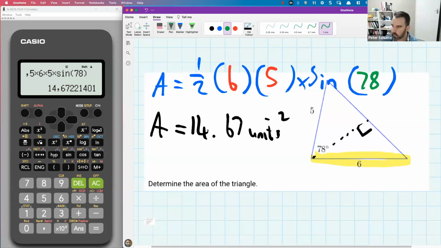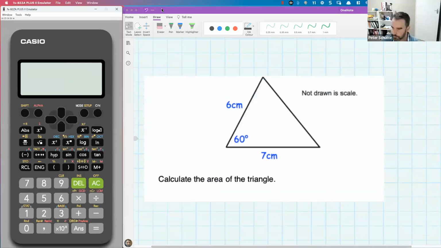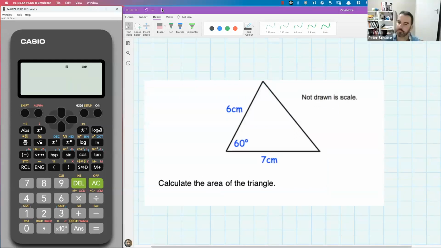Okay, cool. Then I think what we need to do is use this new powerful tool that you found. Find me the area of this triangle. What do you think?